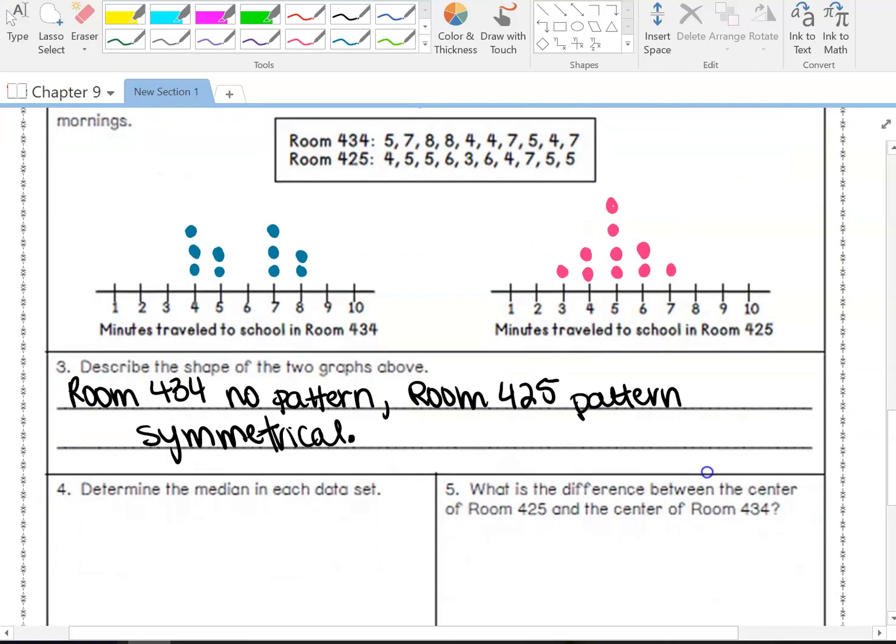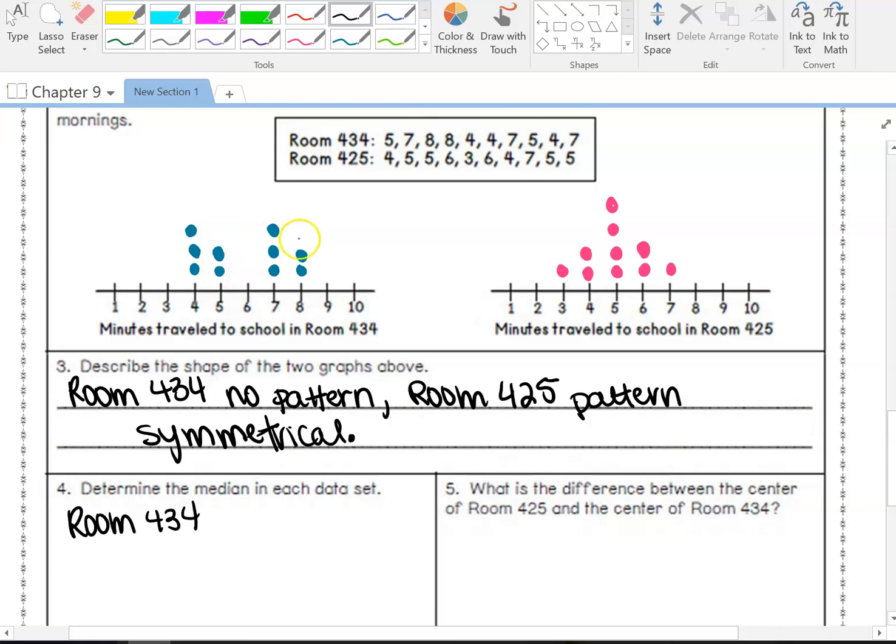Okay. All right, so then it says determine the median in each data set. So for 434, there's 10 data points. So 1, 2, 3, 4, 5, 1, 2, 3, 4, 5. So actually the median would fall first in 6 minutes, because that is the middle.